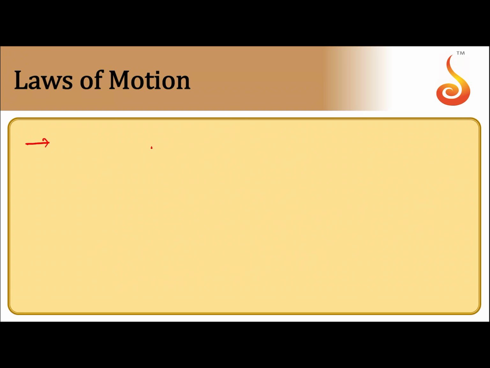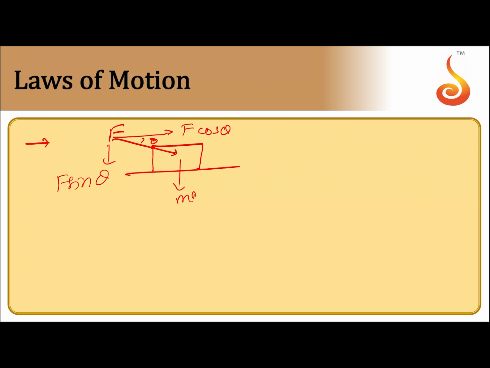Suppose I apply a pushing force, then what are all the results? This angle is theta, I have F cos theta here, F sine theta here, mg here, and of course n here, and the force of friction is along this direction.